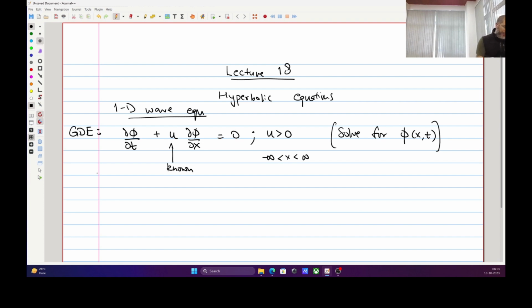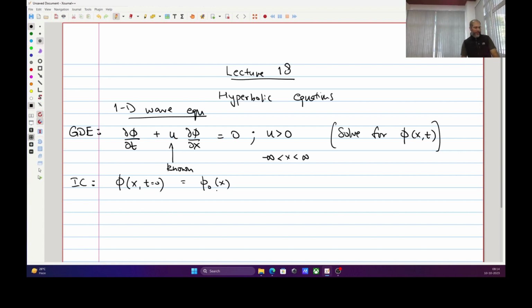So we'll also need an initial condition, which is the function phi given at t equal to 0, at all x values, which we'll call phi naught as a function of x. Since it's at t equal to 0, it's only a function of x.